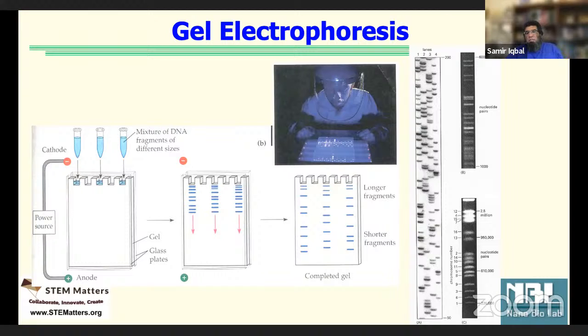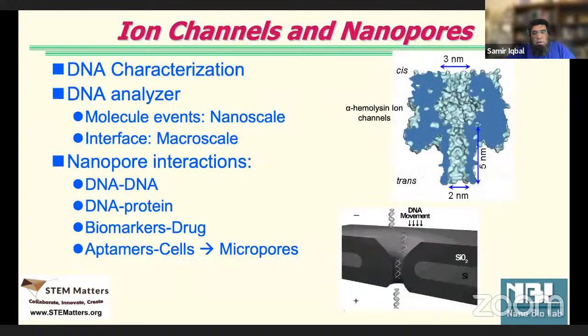We have used this information to make nano devices to discriminate between DNA molecules. So we have used this knowledge of DNA backbone charge and how those sequences move in a field. This is an area called nanopores, or ion channels in biology.